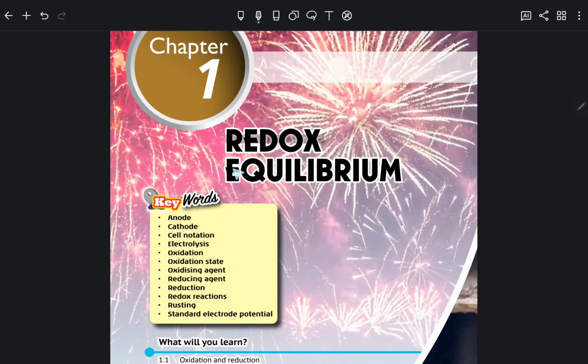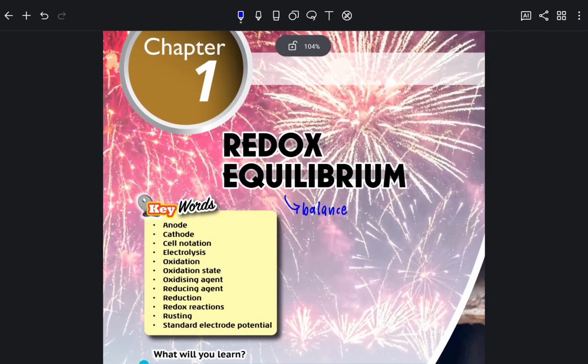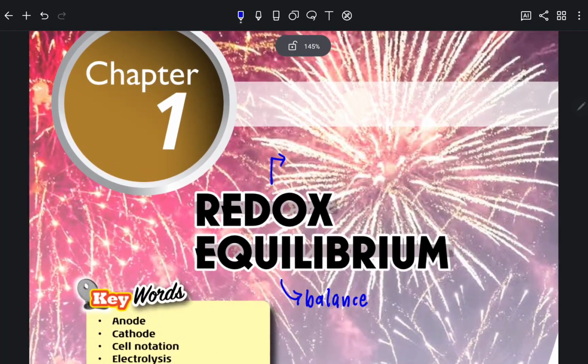Chapter 1, redox and equilibrium. Equilibrium is something about keseimbangan, balance, a direct translation. What does this balance stand for? You will know when you're learning redox. And what is redox initially? Redox is a combination of two words. We have two processes in redox: the first one is reduction, the other one is oxidation.